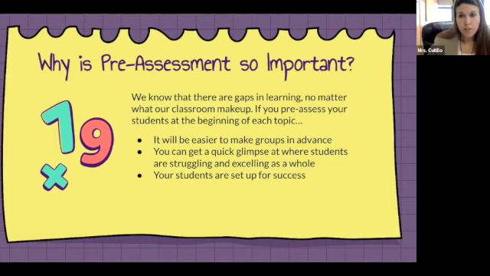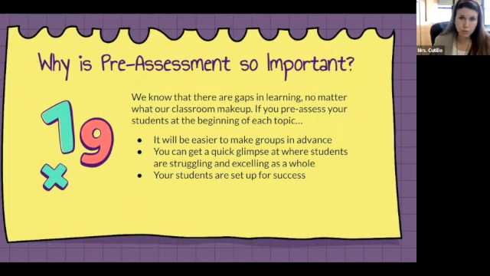There are many ways that you can pre-assess your students. As a classroom teacher, I've done a lot of them, and there are more than what I've done, I'm sure more than I can even think of. The most effective for me was always just making my own pre-assessment and only focusing on the skills.